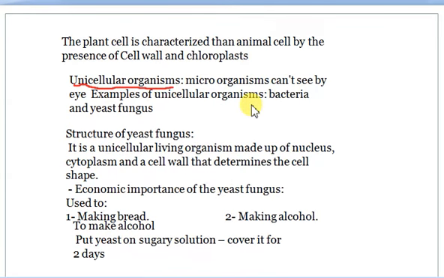Examples of unicellular organisms: bacteria and yeast fungus, البكتيريا وفطر الخميرة. Structure of yeast fungus, هناخد التركيب بتاع فطر الخميرة.